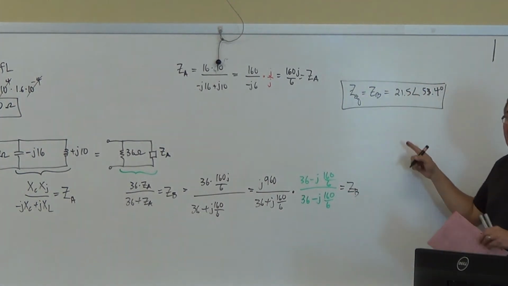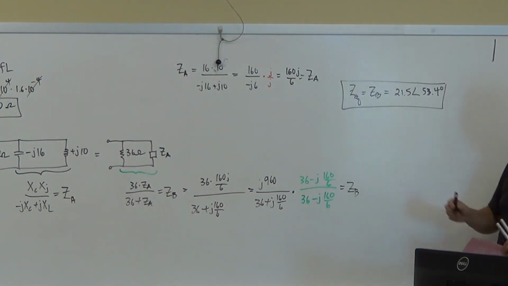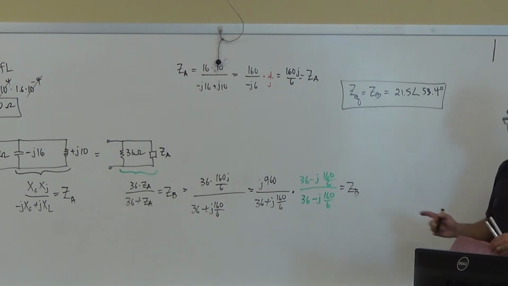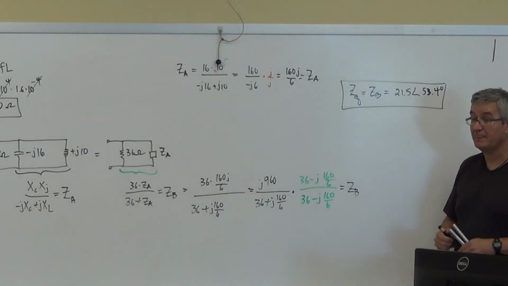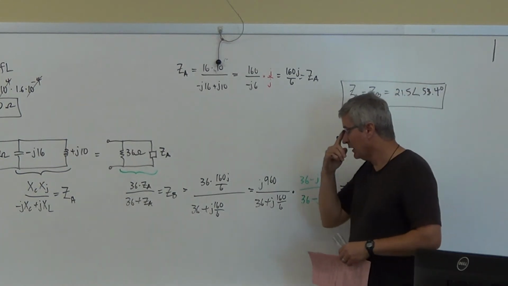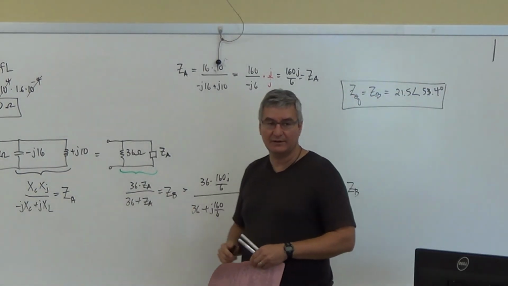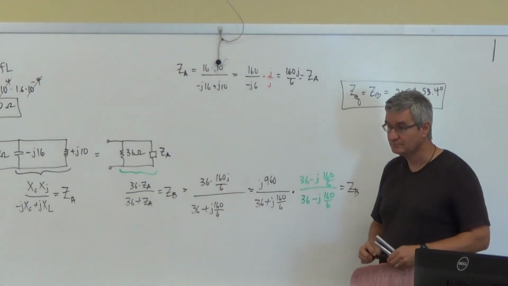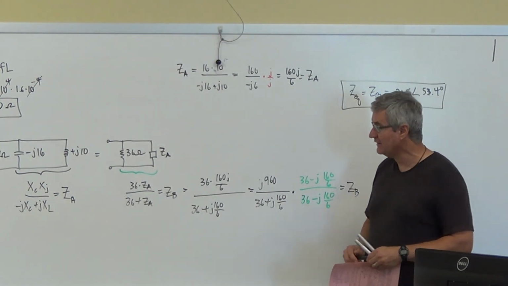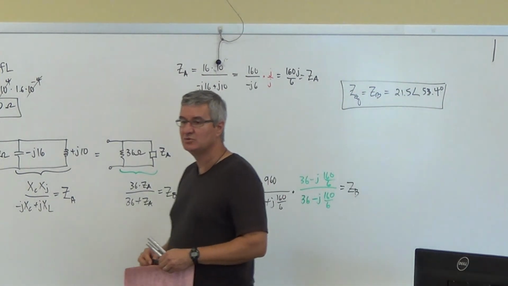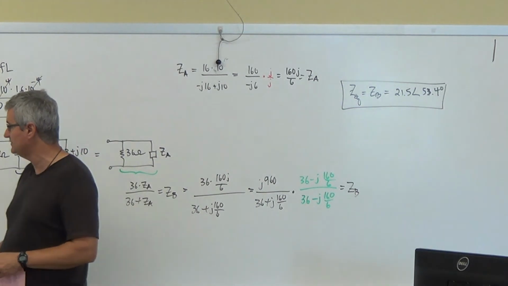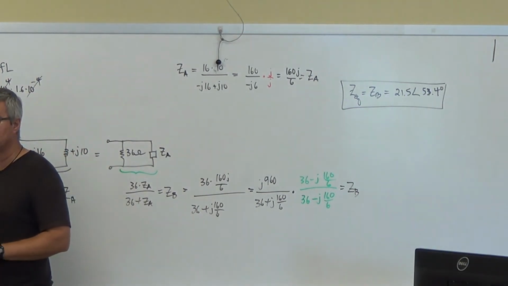Now, how do I get that answer? Let's drop this crap here. What I'm trying to show you is that if you have a calculator, which I know you do, you can put this into rectangular coordinates and pop this guy out like this.